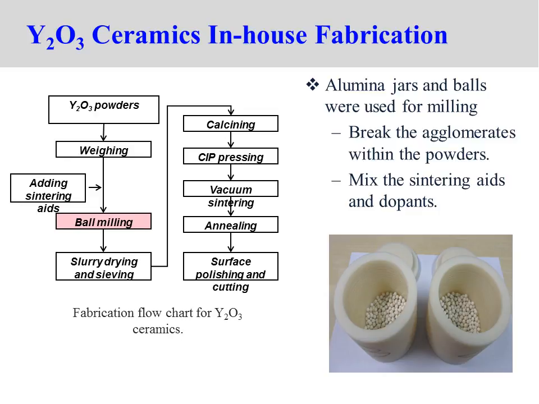Then, the next process is ball milling. Generally, we use ball milling to break the agglomerates within powders, which is really bad for the sintering process, and ball milling is also very useful to mix the sintering aids and dopants together.